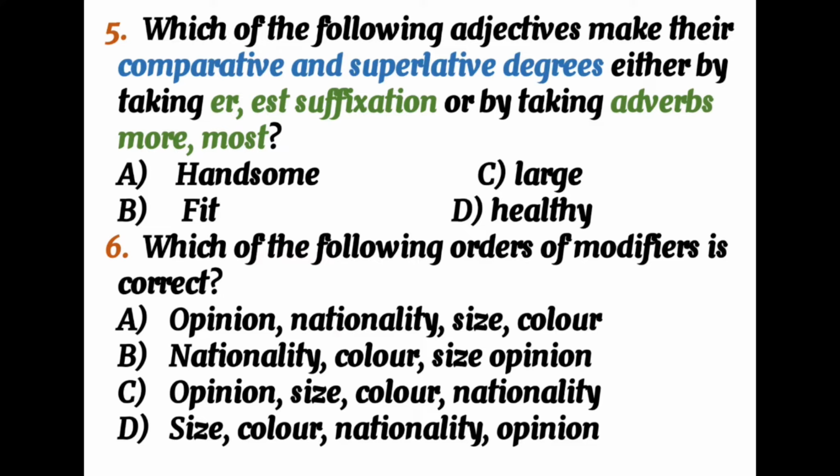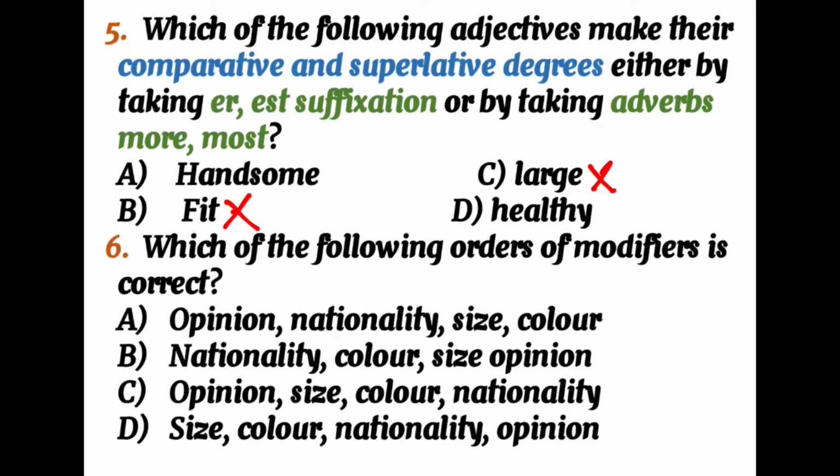As far as handsome is concerned, fit, fitter, fittest, or more fit or most fit. I don't think there is any possibility of more fit or most fit, though this cannot be said. Large, larger, largest, again there is no possibility of more large or most large, so this cannot be an option as well. And healthy, healthier, healthiest, or more healthy or most healthy.